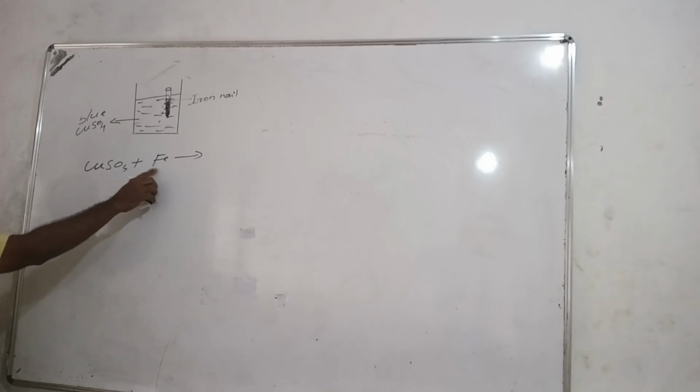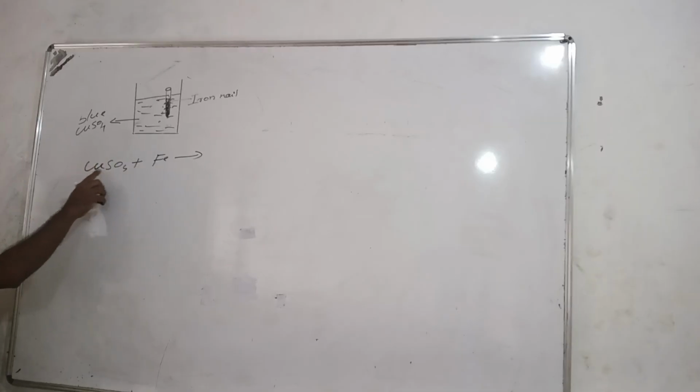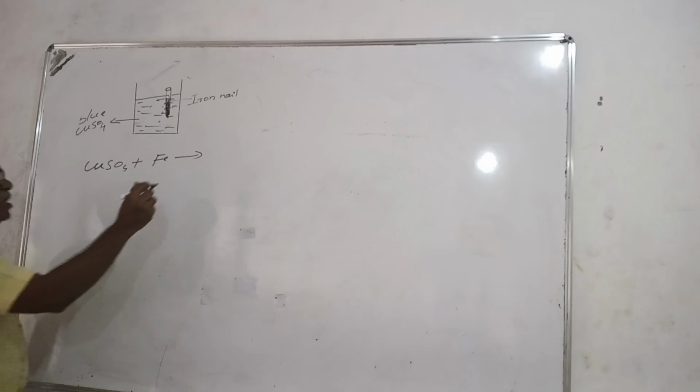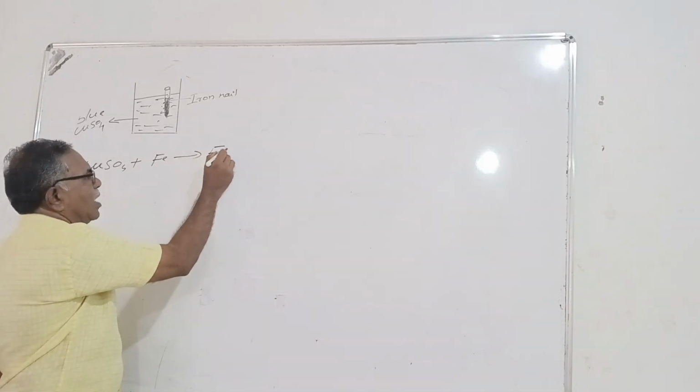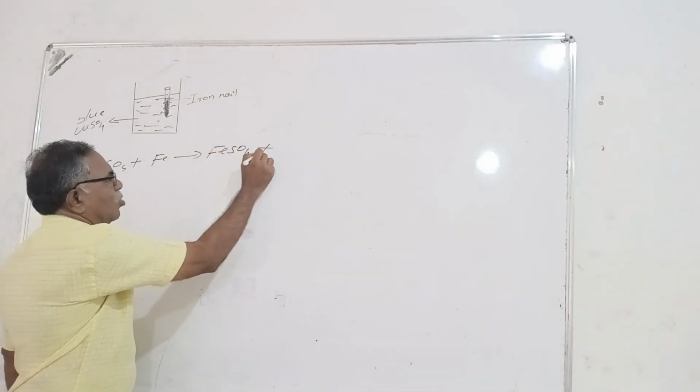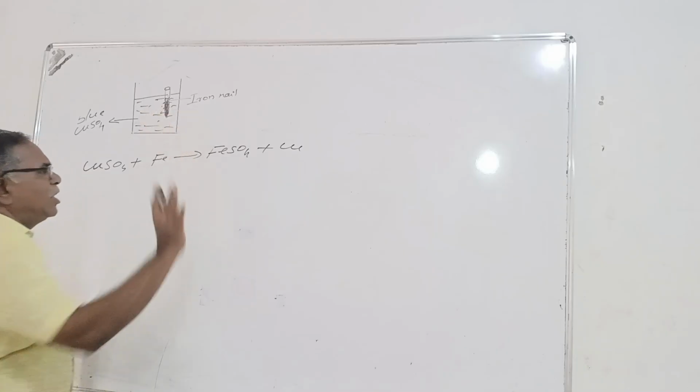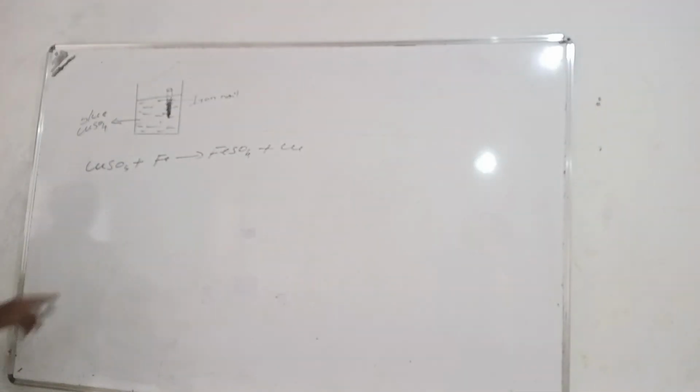Iron is more reactive, copper is less reactive, so iron displaces copper from copper sulfate, forming iron sulfate plus copper. This copper is deposited on the iron nail. That is why the blue color of copper sulfate slowly disappears. This type of reaction we call a displacement reaction.